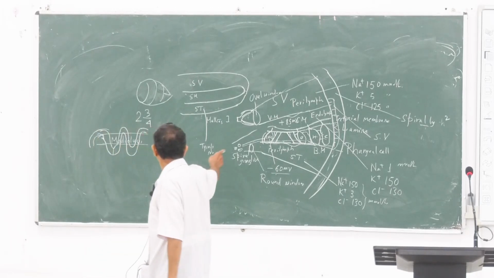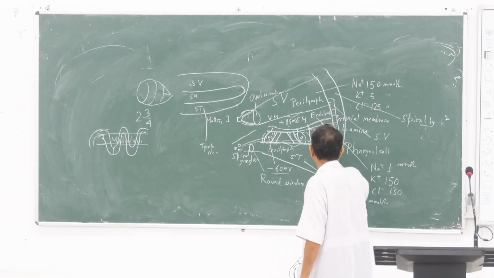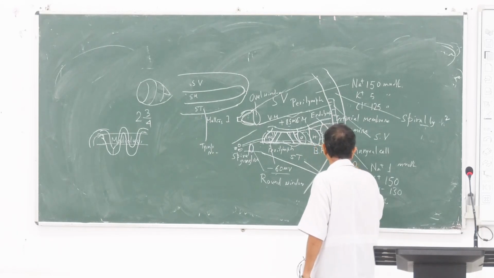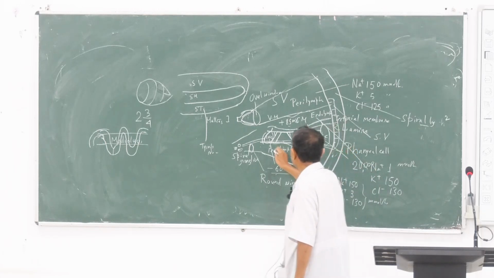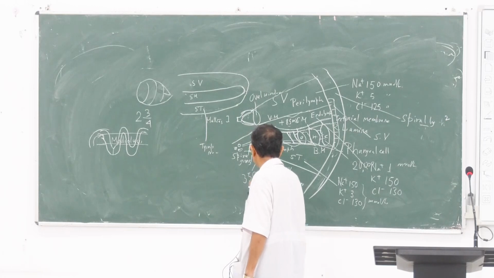The number of these hair cells is given in the text: 20,000 outer hair cells in a single cochlea, and 3500 inner hair cells.